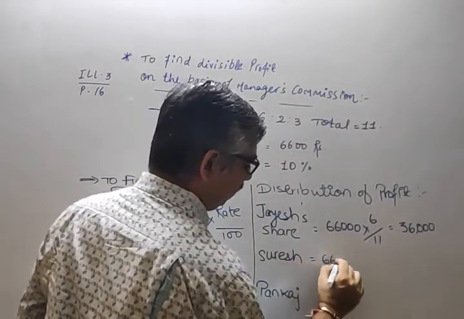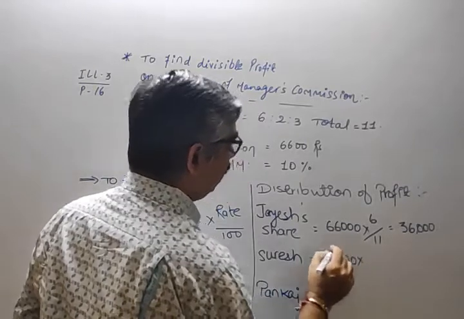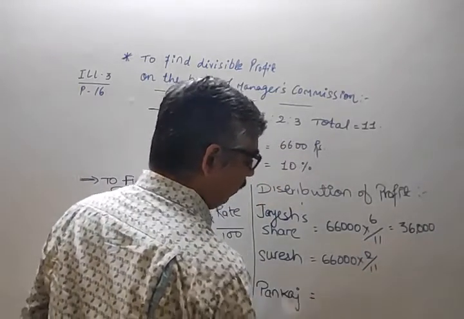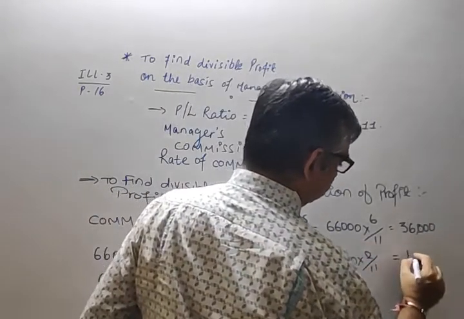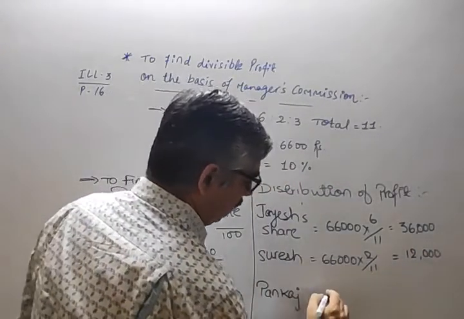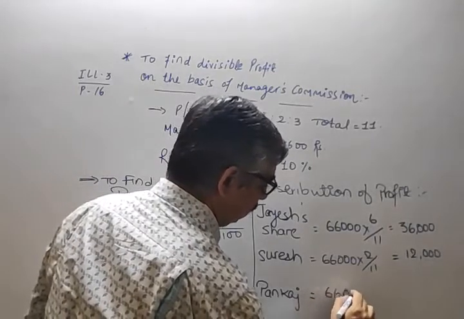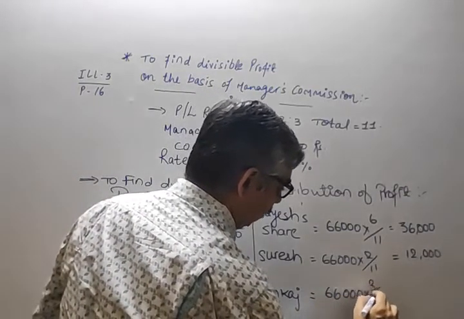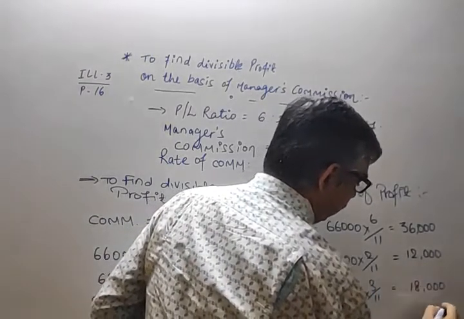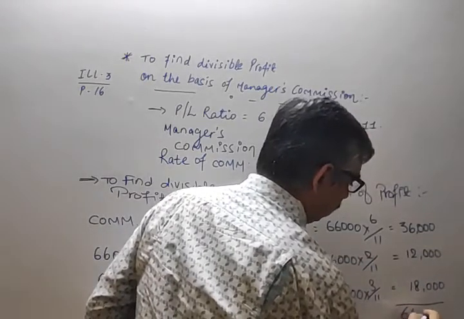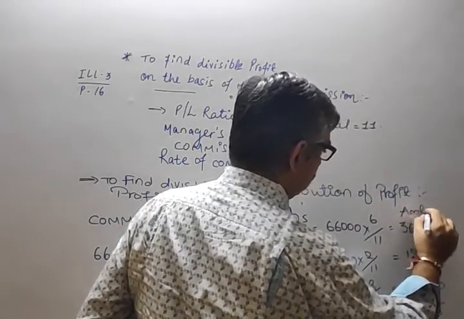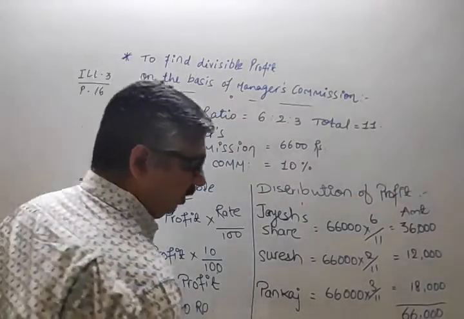Suresh again 66,000 into his share 2 upon 11, so that is 12,000, and 66,000 into 3 upon 11 comes to 18,000, overall total. Is there any problem?